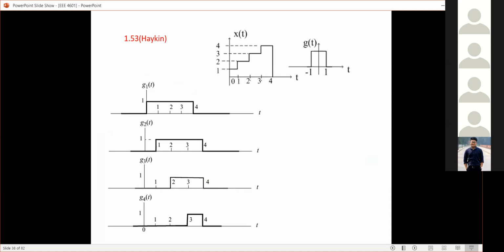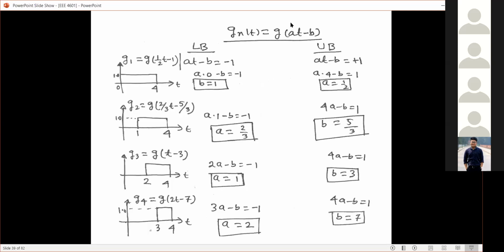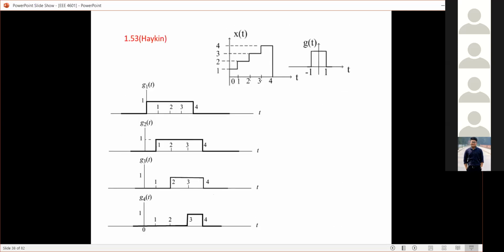You understand the objective? That XT you need to prepare with the help of GT. A seed signal is given. Using that seed, you have to prepare this signal.